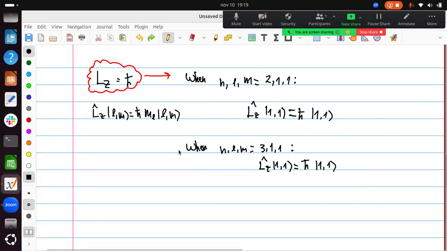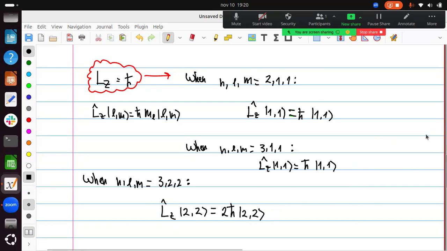The last possibility, when n, l, and m are 3, 2, and 2, in that case, we will have the operator behave like this with the ket 2 and 2. This will be 2 times h bar with 2 and 2.